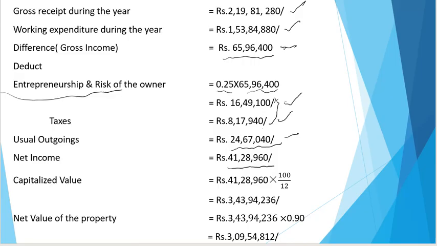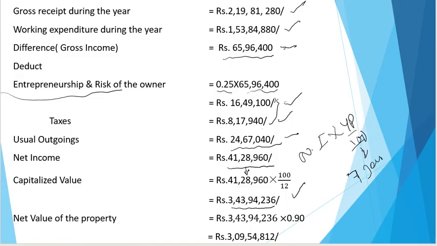So you multiply the net income with YP, which is at 12%, means 100 upon 12. So 3 crore 43 lakh 94,236 is the capitalized value. But what he has given is that you have to deduct because there are seven joint owners.